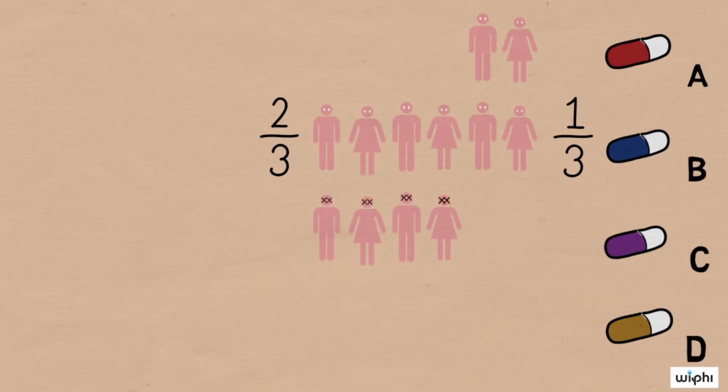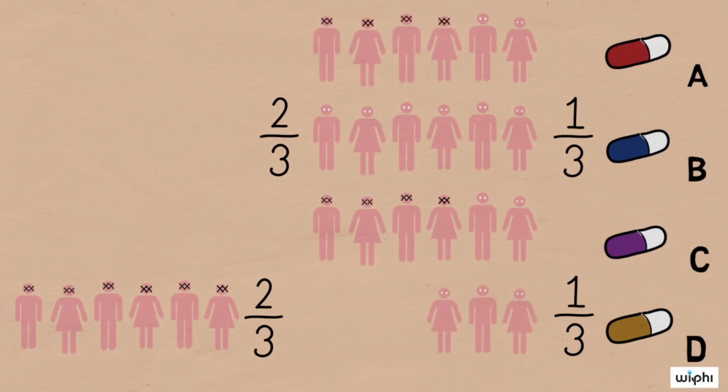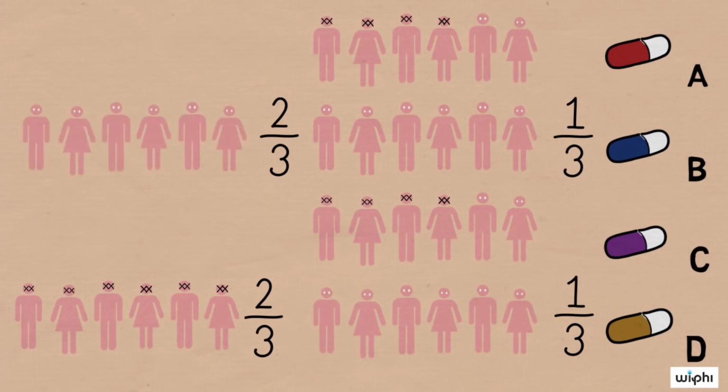And now let's do the same thing for drugs C and D. Surprisingly, you can now see that the two options are identical. Drugs A and C will save 200 million people, while 400 million people are certain to die. And with both drug B and drug D, you have a 1/3 chance of saving all 600 million people and a 2/3 chance of saving no one.